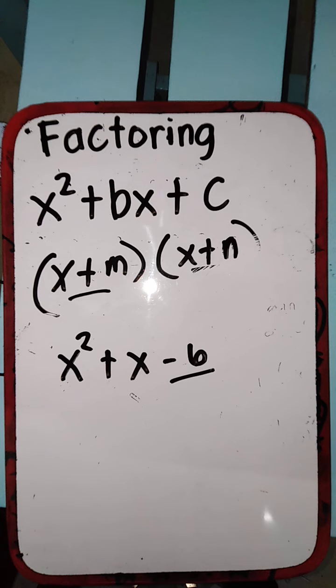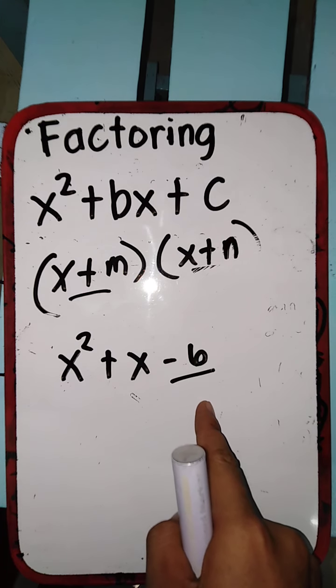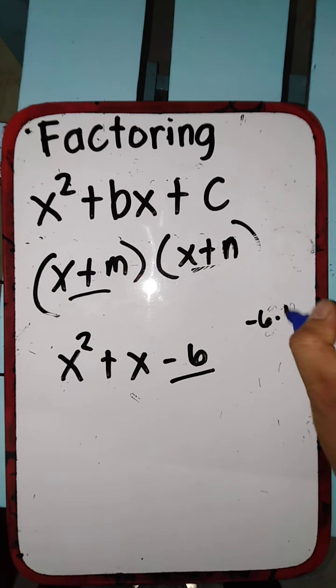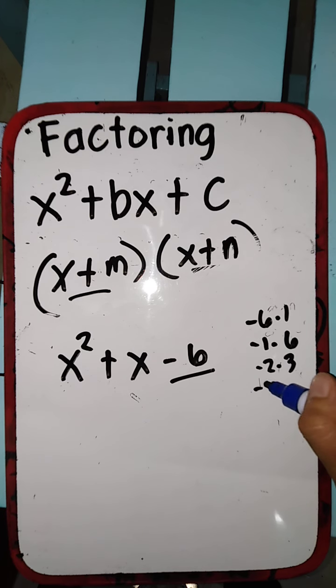Okay, so again, we are going to find the factors of c whose sum is equal to 1. Negative 6 times 1 is negative 6. Negative 1 times 6. We also have negative 2 times 3. Negative 3 times 2. Right? Okay. These are the factors of negative 6.